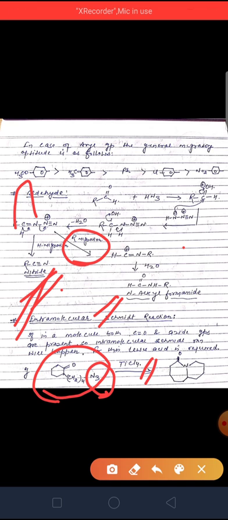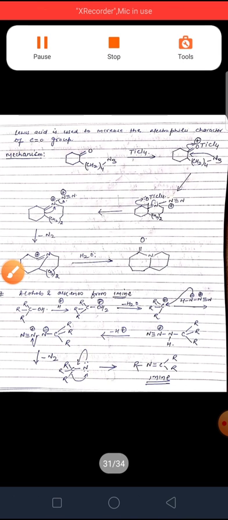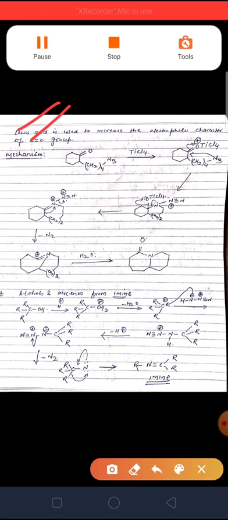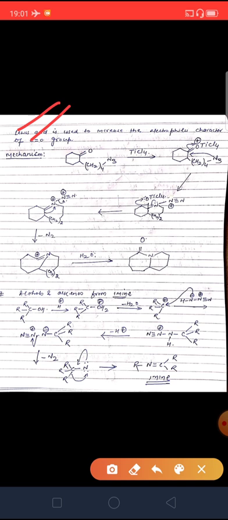And why this Lewis acid is required here is it will improve the electrophilic character of this particular carbonyl group. Here I have written in these notes that Lewis acid is useful and it will increase the electrophilic character, and this is the mechanism.